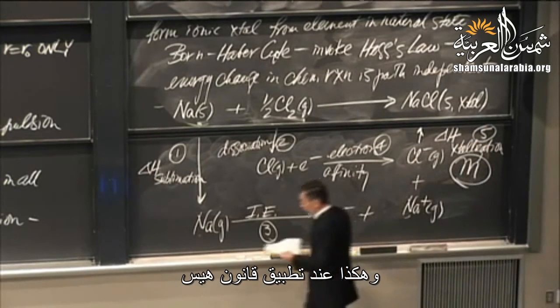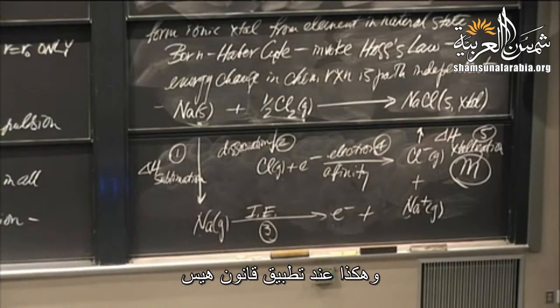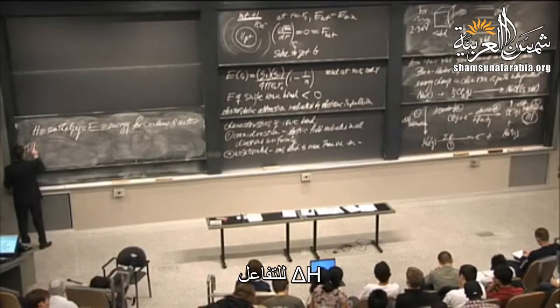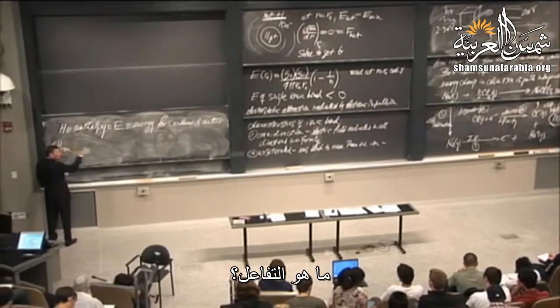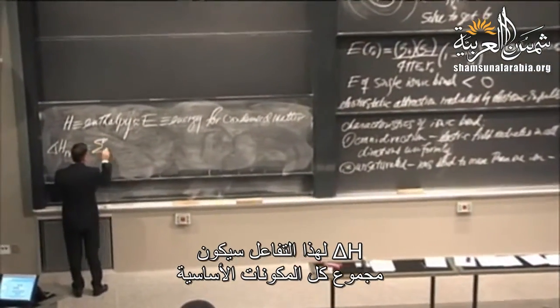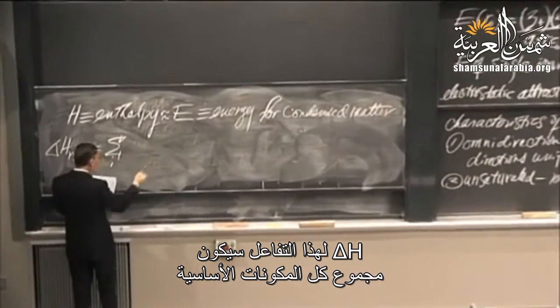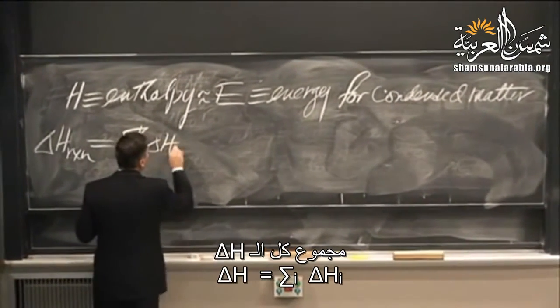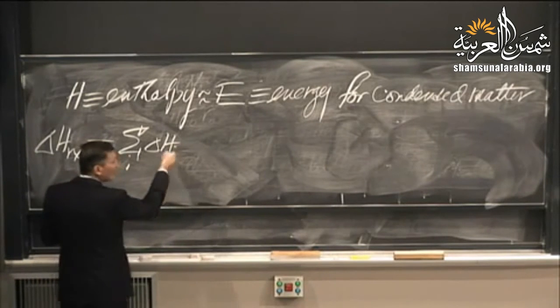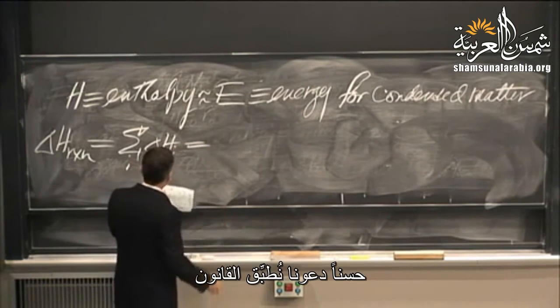And so, we're working off of Hess's law, we can say that the total energy required for the formation of the crystal, delta H for the reaction, what's the reaction? The reaction of sodium plus chlorine to make sodium chloride is going to be the sum of all of the constituent components, the sum of all the deltas H. Not delta H's, deltas H, like attorneys general, right? So now let's add these up.